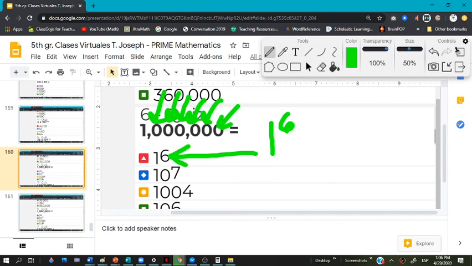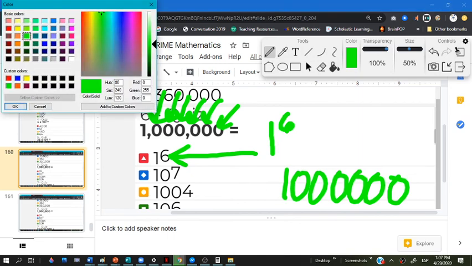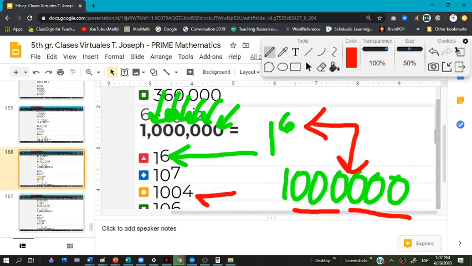That's our first answer. Or could we say it's 100 to the power of 4? 100 to the power of 1, 2, 3, 4. It's actually the same thing. Let me just check it. 6 zeros. It's the same thing. So any one of those 2 answers is actually correct.